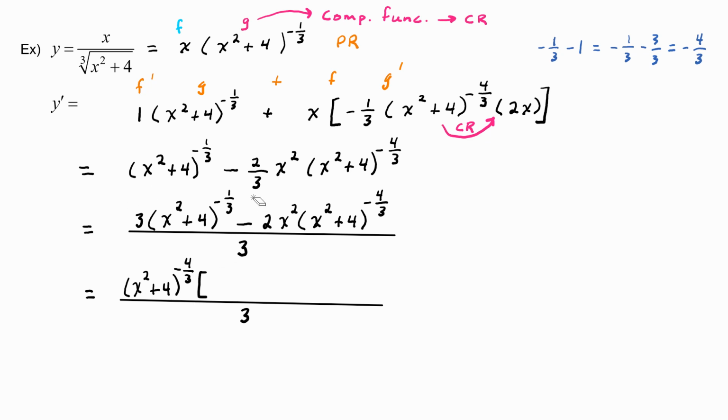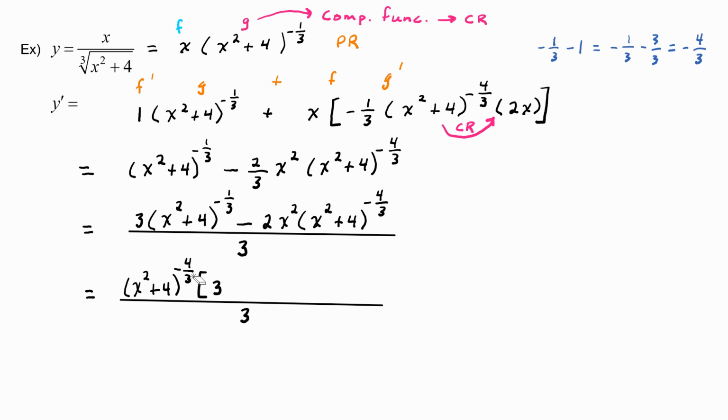Now from this first term, we see we get a coefficient of 3. Then when we take x squared plus 4 to the negative 1/3 over x squared plus 4 to the negative 4/3, we have to do negative 1/3 minus a negative, so it becomes plus 4/3.